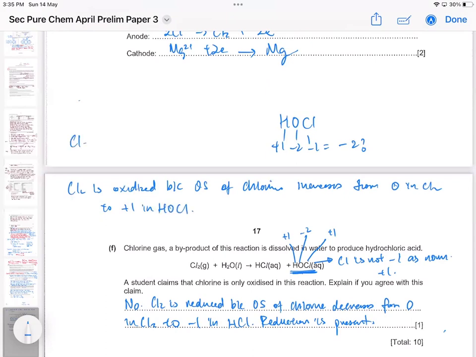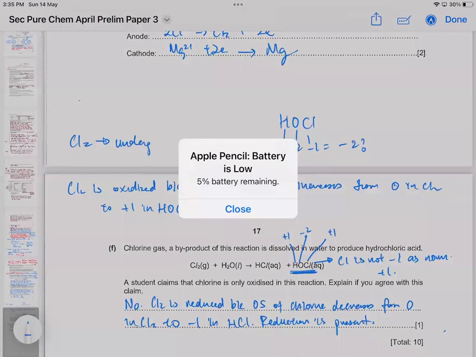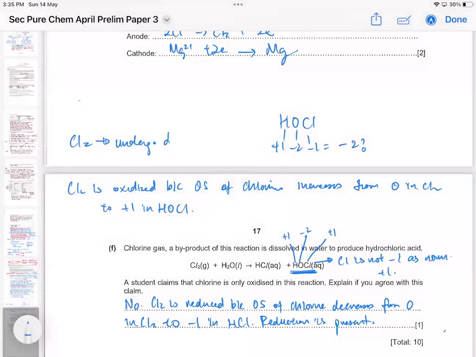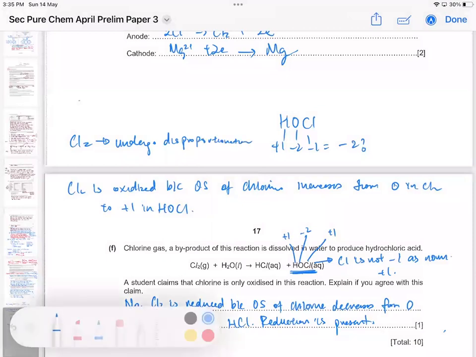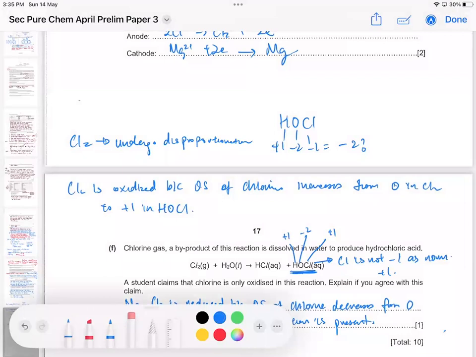Now, I will also mention that chlorine undergoes a special kind of redox, which is a disproportionation reaction.